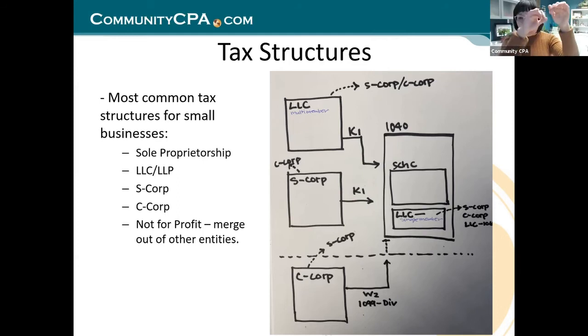So what goes in, what comes out, and it does go through some changes, the deductions, and $1 million comes in, $2 million spending, so you've got a negative 1 million, K1 negative. All right, same thing with S Corp. So this is where we call them pass-through entities. They're passing through their own corporation structure to your 1040.